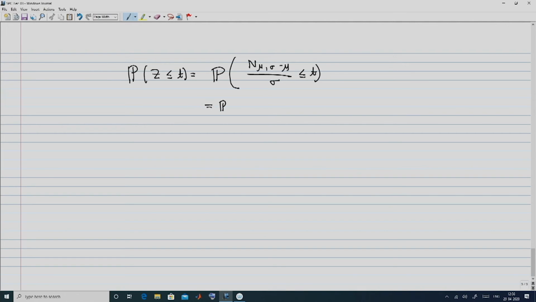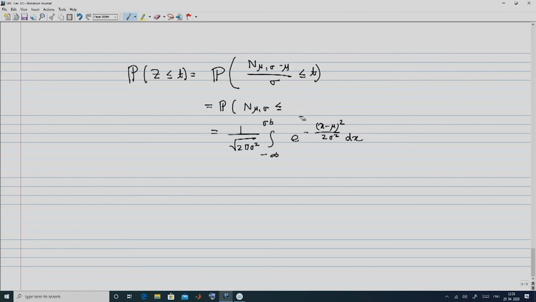Now this can be rewritten as probability of n mu sigma less than or equal to sigma t plus mu. Now I will make use of the distribution of n mu sigma. So accordingly, this becomes 1 over square root of twice pi sigma square integral minus infinity of e raised to minus x minus mu square over twice sigma square dx, with the upper limit now being sigma t.